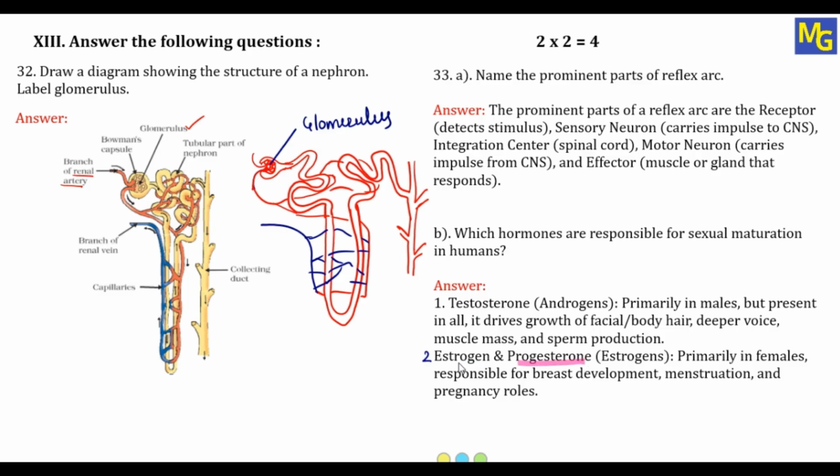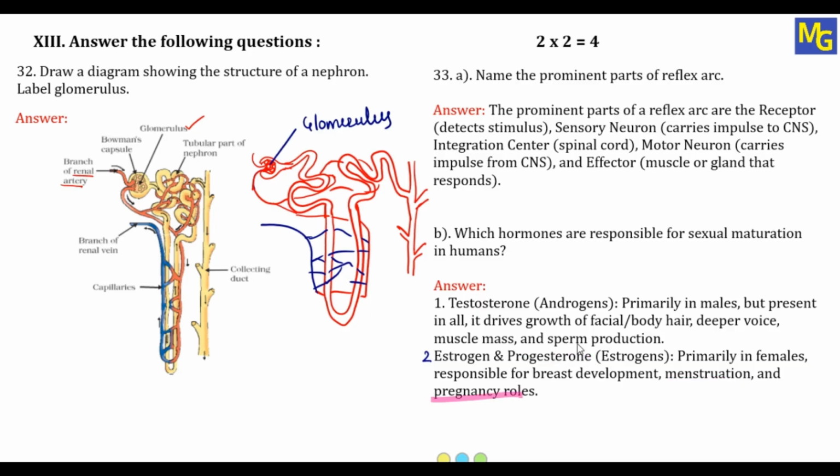Next are estrogen and progesterone. Estrogen is the hormone responsible for sexual maturation in females, and progesterone is the hormone which helps in hormonal balancing in case of pregnancy. Due to estrogen, which is produced in females, we can see secondary sexual characters like breast development, menstruation, etc. And progesterone will help at the time of pregnancy.